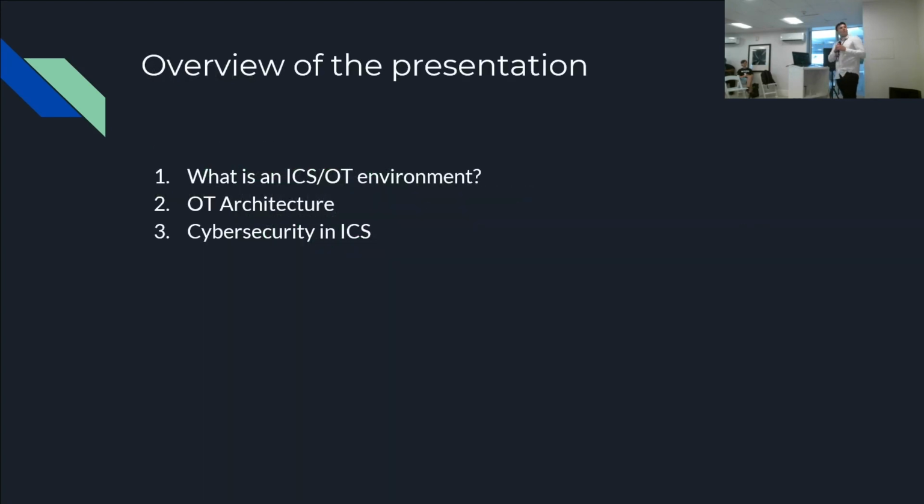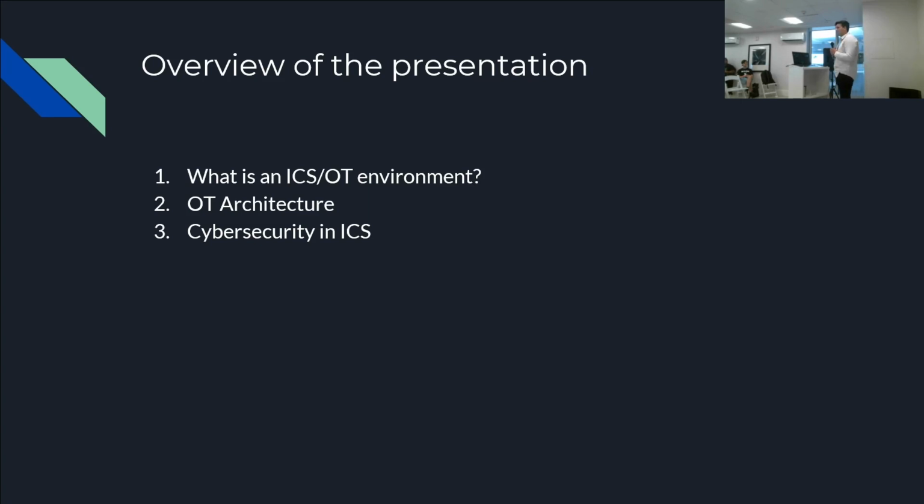Now, why did I want to bring out this presentation though? When I first started in ICS cybersecurity, I had a lot of questions. I stumbled, and I want to make sure that future cybersecurity professionals that decide to join this space don't stumble as much as I did. I want to try to pave the road a little bit.